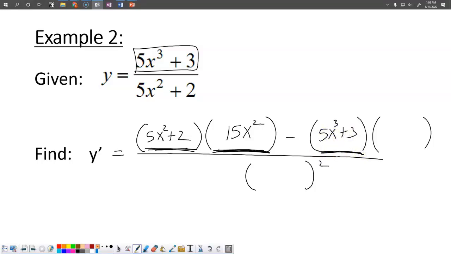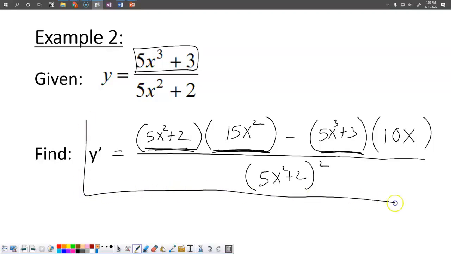The derivative of the bottom function, or the low function, would be 10x. Draw a line and square below. Square the bottom function. There you go. Now we can just leave it like that. That would be totally fine. We don't need to simplify it anymore. It just kind of makes things unnecessarily complicated to do that, so we'll just leave it like this.